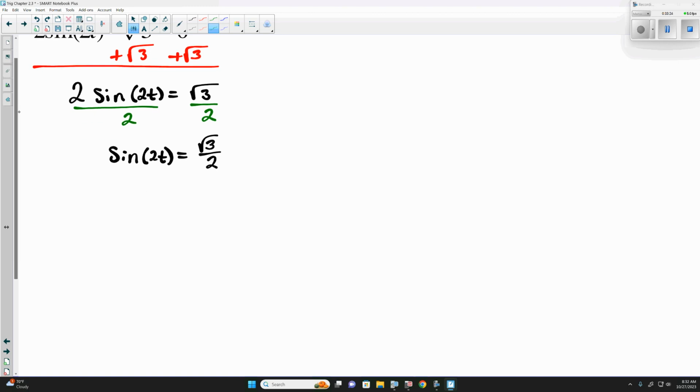Now, sine does equal the square root of 3 over 2 at 2 places. One of them is telling us that 2t is equal to pi over 3. And the other is telling us that 2t is equal to 2 pi over 3.